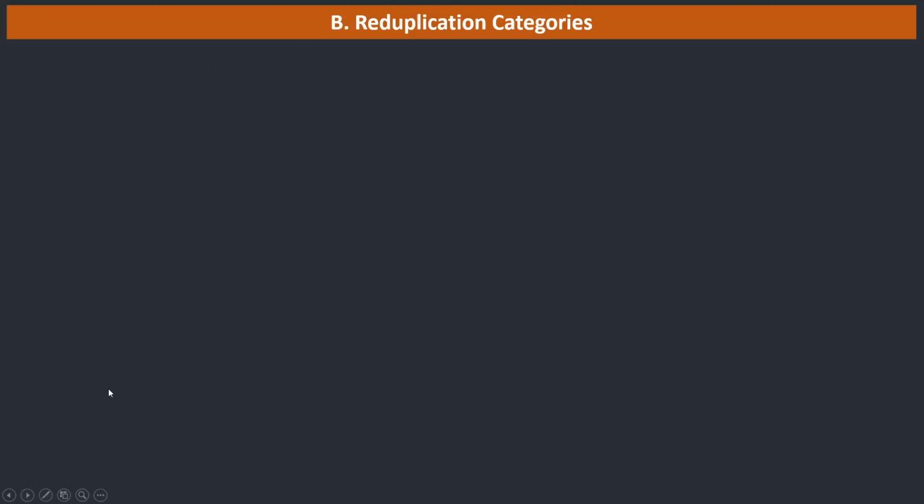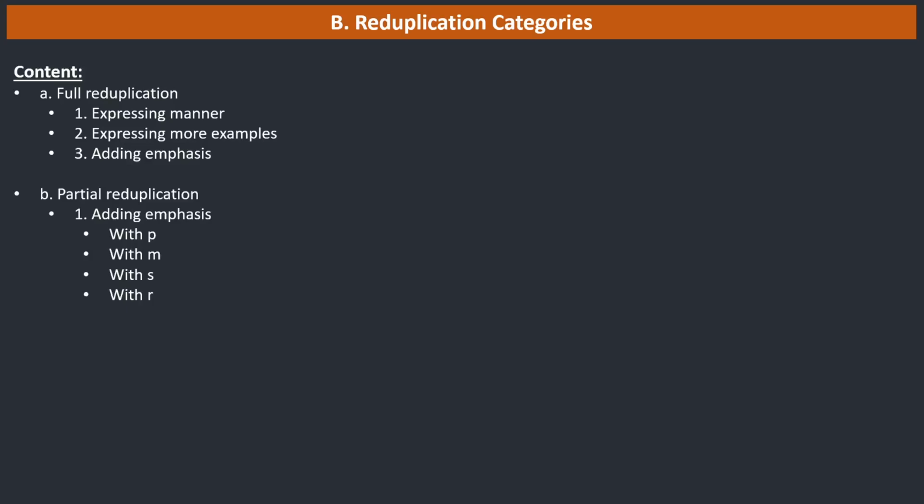So now let's quickly talk about this. Here is the content. Here are the categories. The full reduplication functions in two different ways. Sometimes it expresses in which manner the action is performed. Sometimes it adds more emphasis to your word, whatever you are talking about.